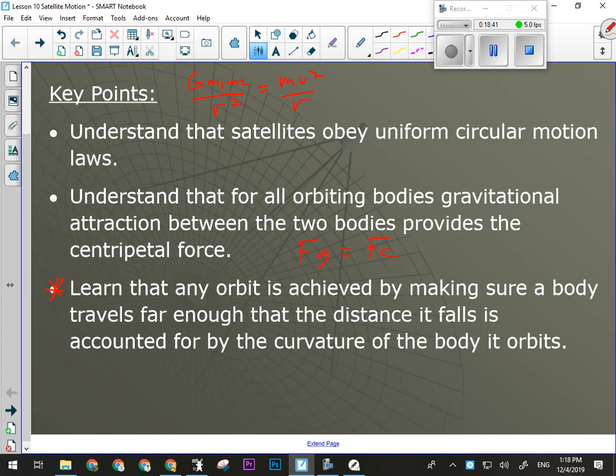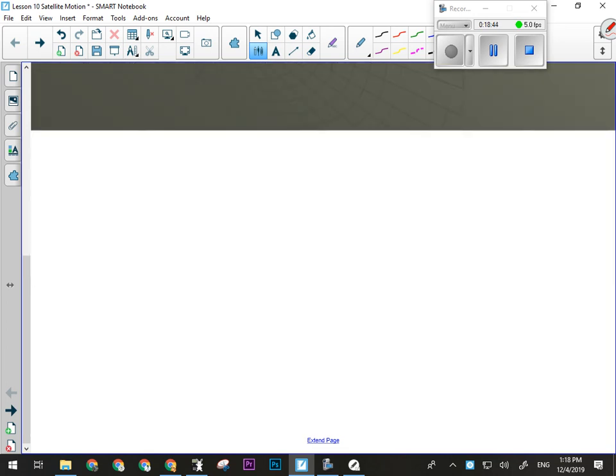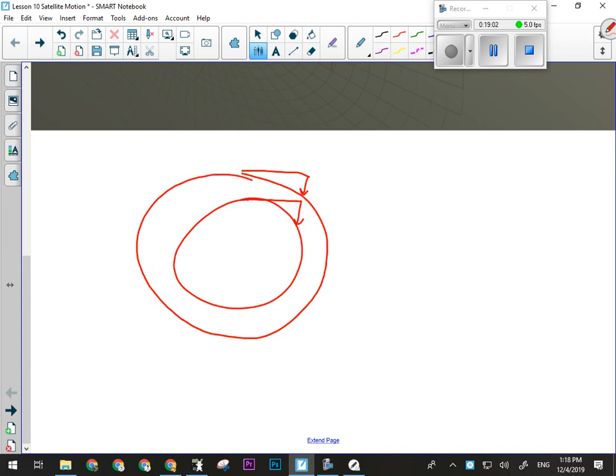Because the Earth is round and not flat, I need to make sure that as something moves in orbit, the distance that it falls is equal to the distance the Earth curves away in that time. That way, every second it falls but never gets any closer to the Earth. Well, but apparently gets further away over on the left. But it stays in orbit. That's the key. And as far back as Newton figured that out.